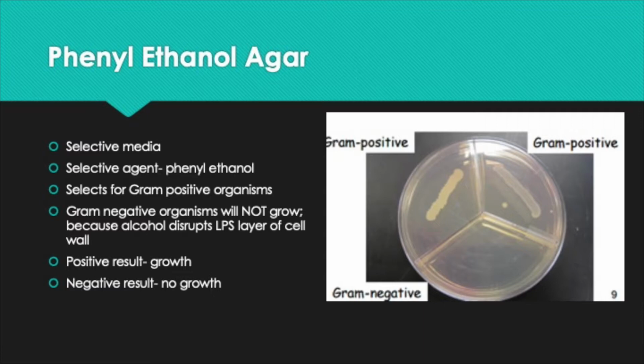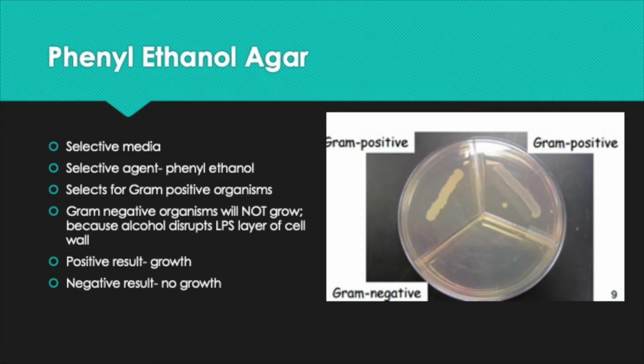Gram-negatives are not going to be able to grow on PEA, and the reason why is because of the selective agent, which is alcohol, phenyl ethanol. If you think back to the gram stain, remember what alcohol does to gram-negative cells. As soon as you hit those cells with alcohol, the LPS layer disintegrates, and you create very, very large holes in the cell wall. So the alcohol essentially kills the bacteria, so it's not able to grow. That's why gram-negatives are not going to be able to grow on PEA.